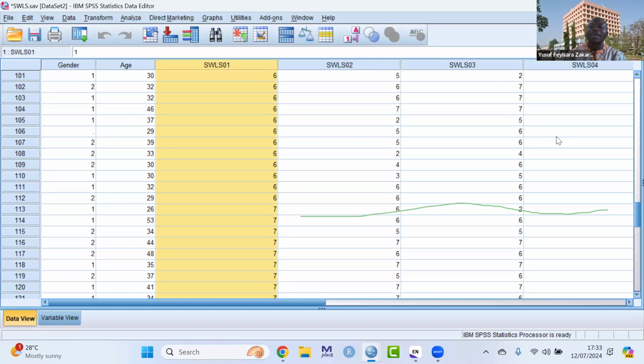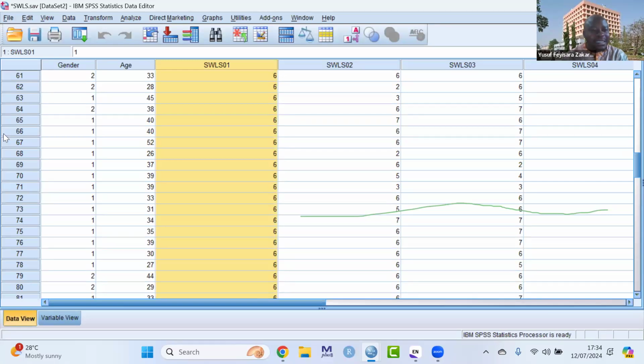I'm waiting for your response. What is 132 divided by 2? 66, sir. Good. So that means the median will be the 66th and the 67th, because two numbers will appear as the median since this is even.